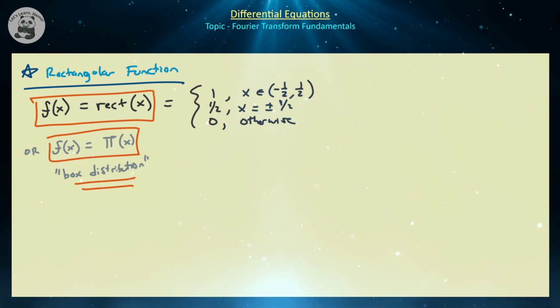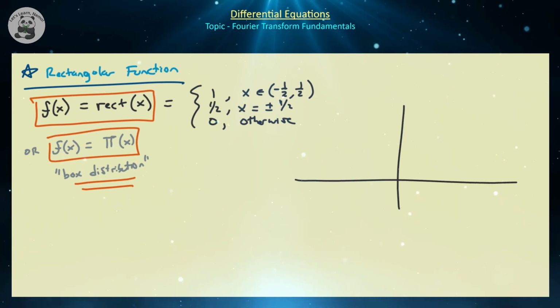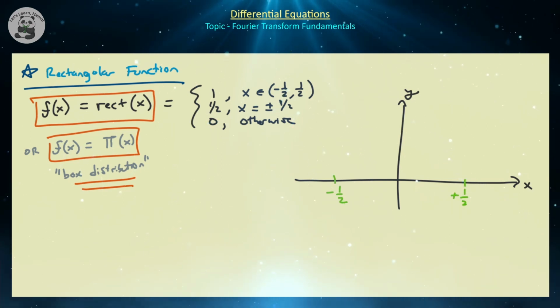So let's just take a quick look at the graph of this function. So let this be x and let this be the vertical axis y. So our interval of interest will be minus 1/2 to positive 1/2. We're going to be equal to 1 on the open interval, minus 1/2 to 1/2.